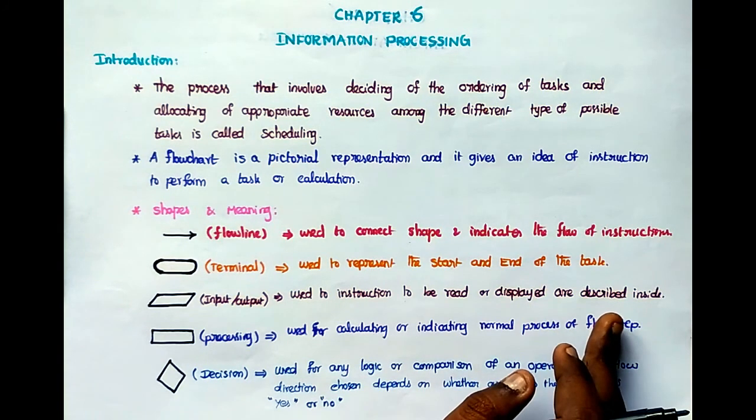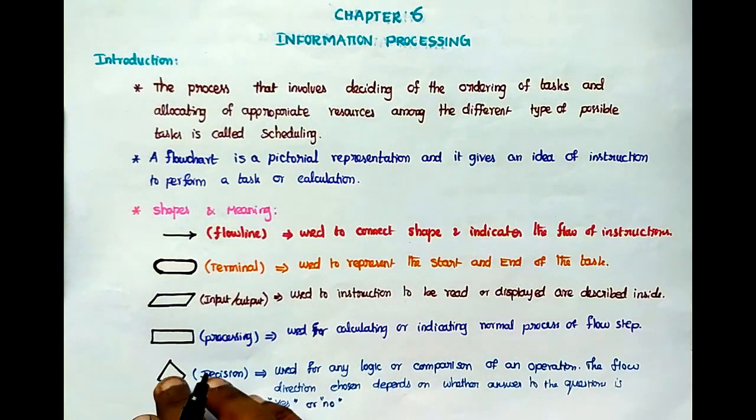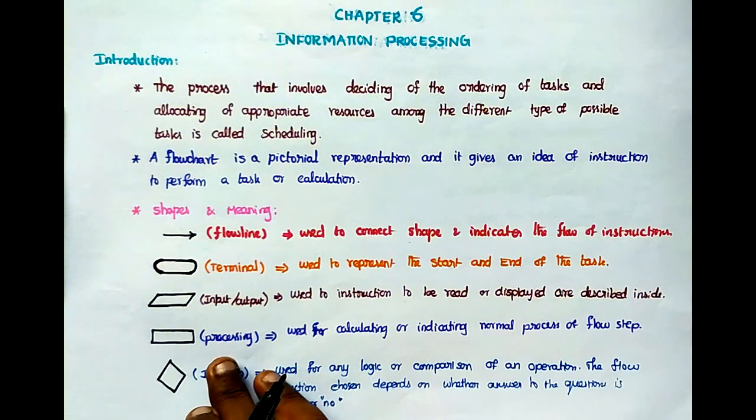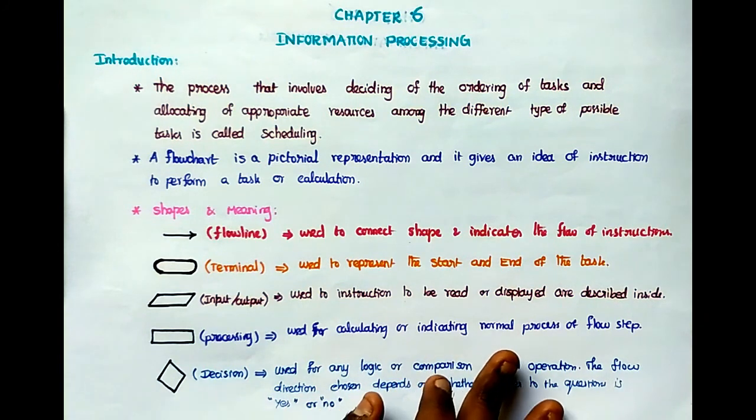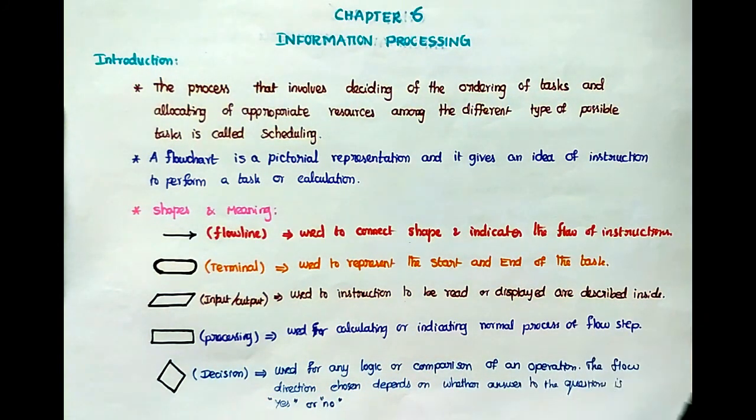Next, processing. It is used for calculating or indicating the normal process of the flow chart. Next one, decision. It is used for any logic or comparison of an operation. The flow direction chosen depends on whether the answer to the question is yes or no.